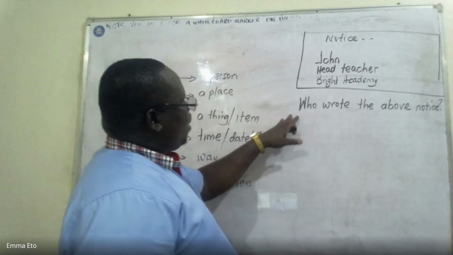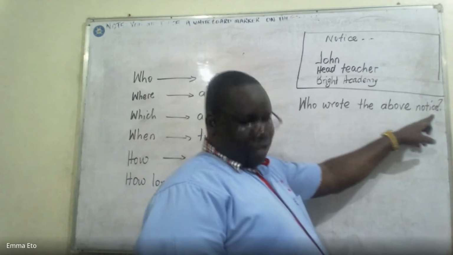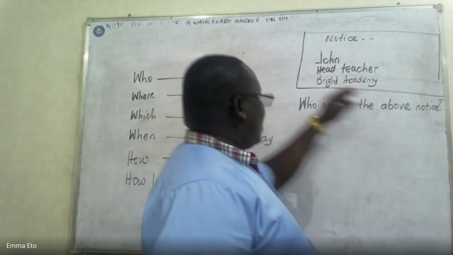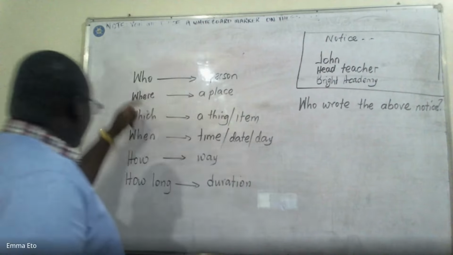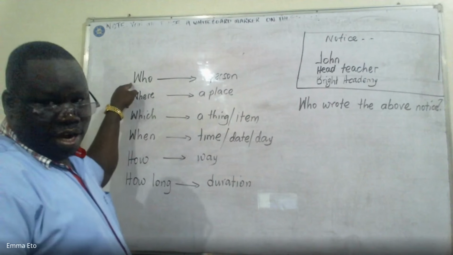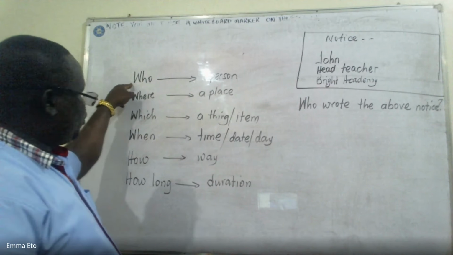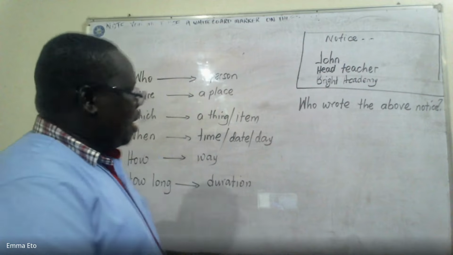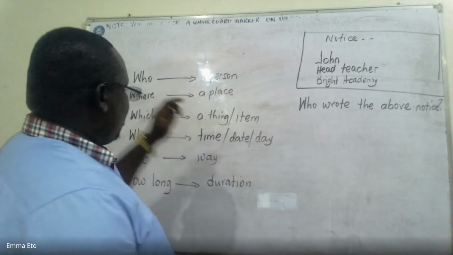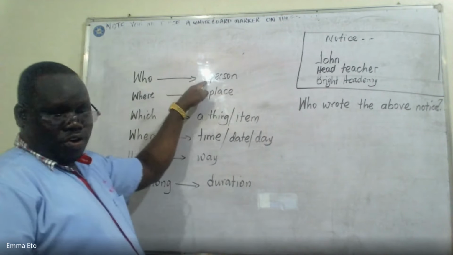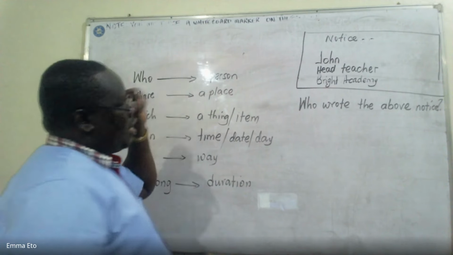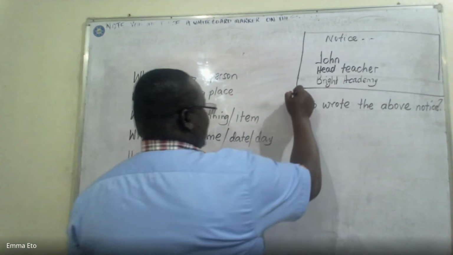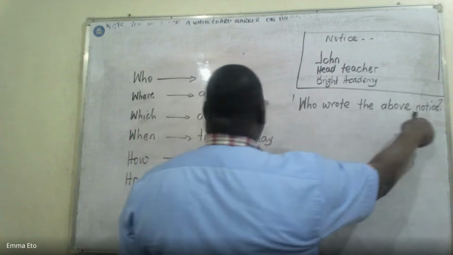Now, when they say, who wrote the above notice? Now, I told you, you can mute your mic so that we can listen. Okay, thank you. Now, a who question asks for a person. When they say, who wrote the above notice?